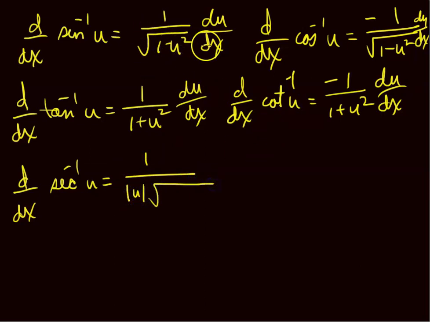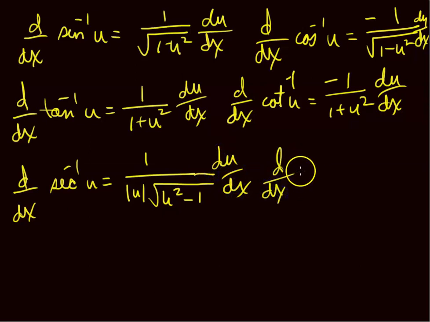It's not 1 minus u squared, it's u squared minus 1 du dx. And the derivative with respect to x of the inverse cosecant is a -1 over absolute value of u times the square root of u squared minus 1 du dx.